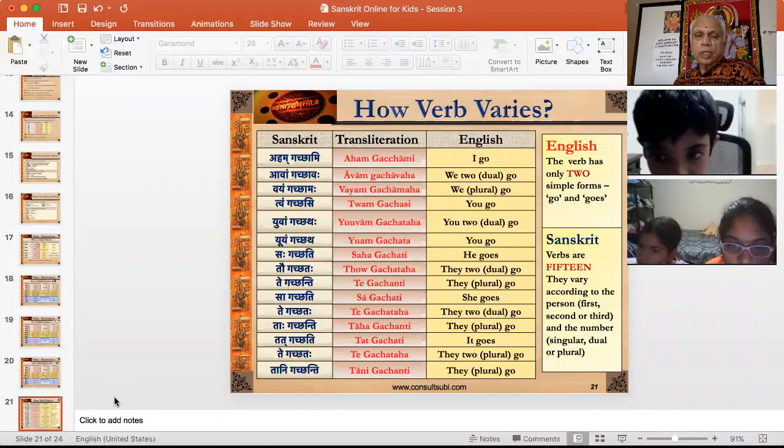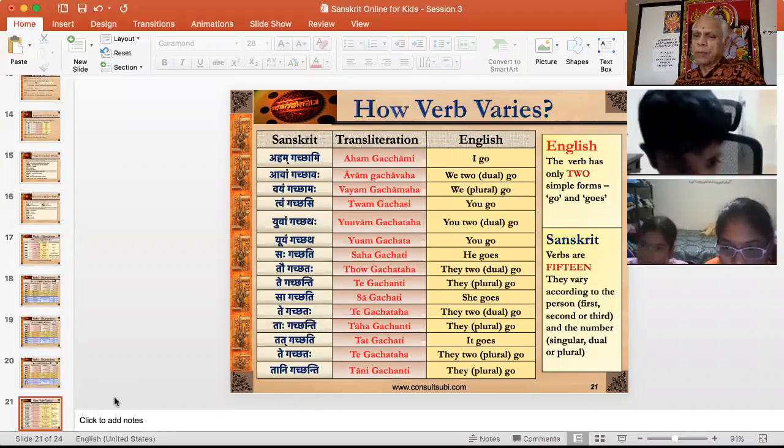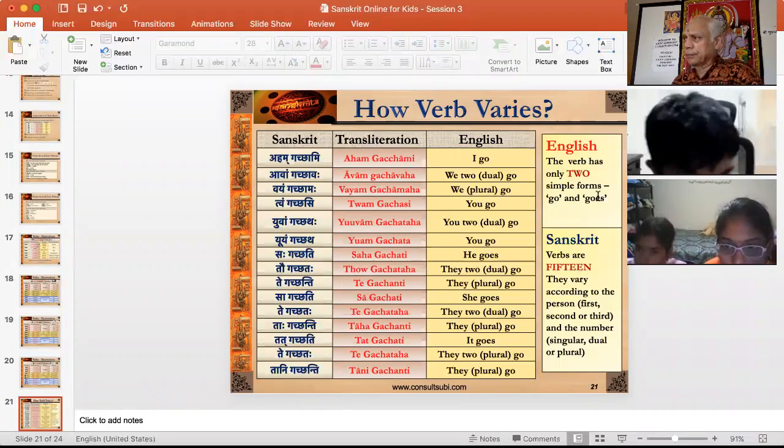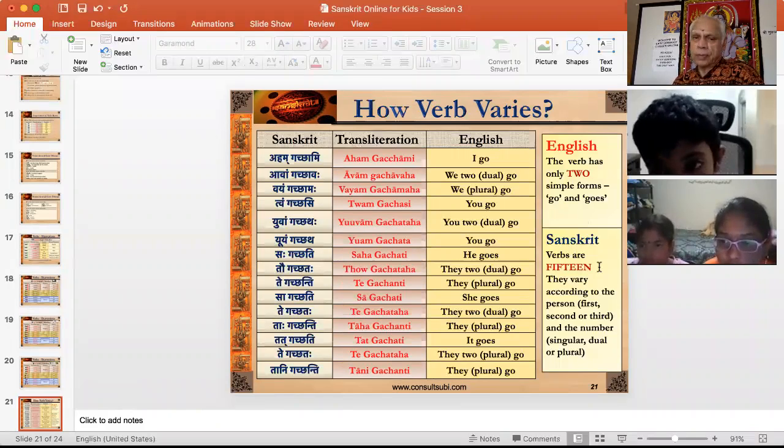So I've given you in this chart how the verb is varying. If you see the verb has only two simple forms, go and goes. Here, Sanskrit has got 15 different forms. Aham gacchami, that means I go.